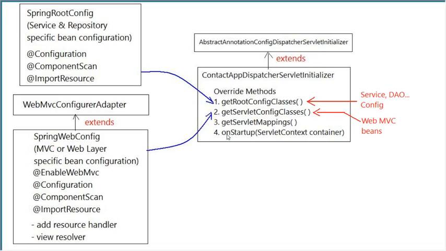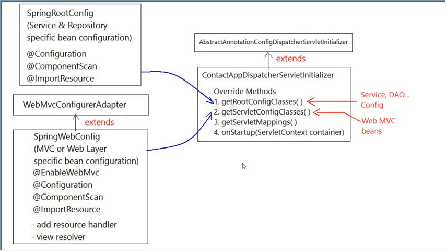Then there is one more method, onStartup, which you can use if required. It is not necessary to override this method, but if required we can do some additional configuration for the servlet context object here. So these four methods we will use, and this will be your whole configuration, right?